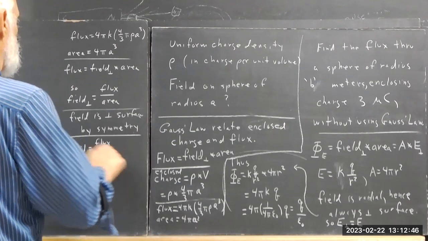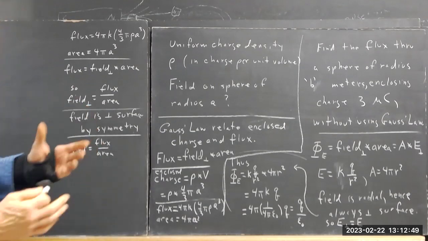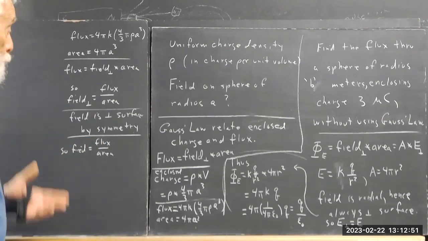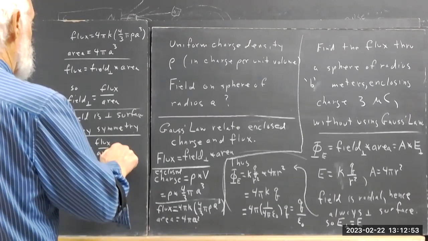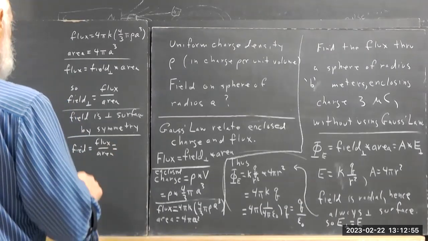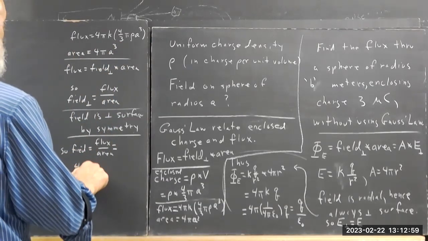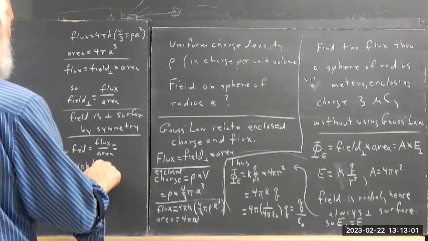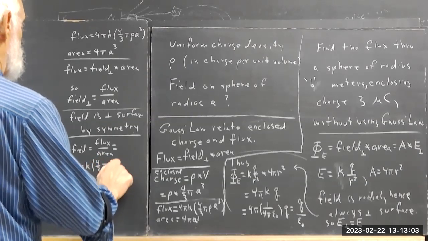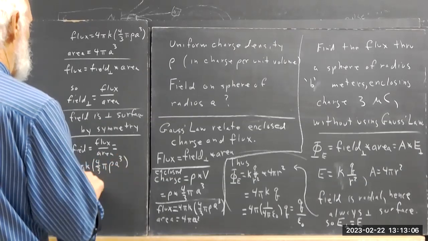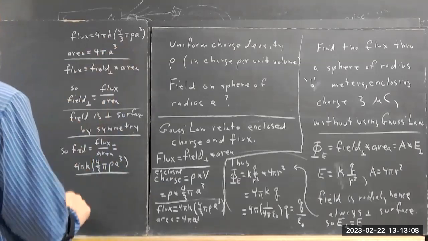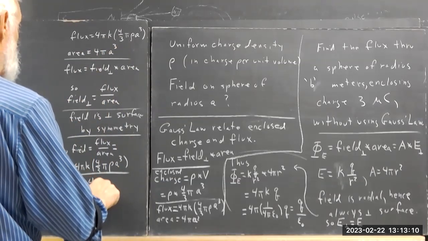The entire field is perpendicular, not just a component of it. Right on that line, there's 4 pi k, divided by the area.